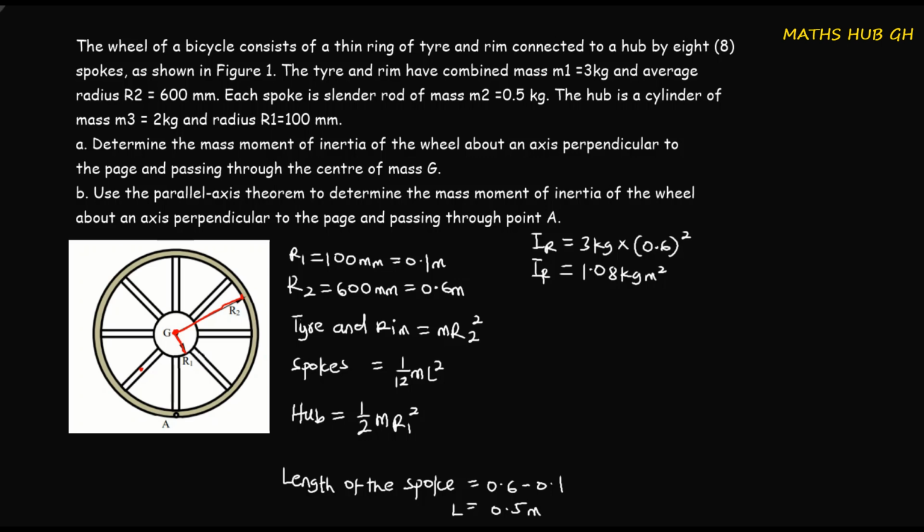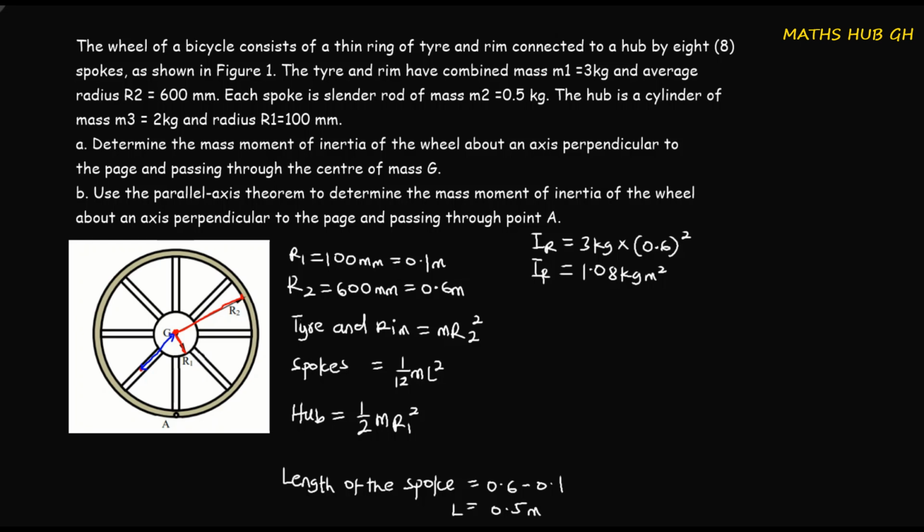So since we are applying the parallel axis theorem, we must know the distance from the axis of rotation to the center of mass of the spokes, which will be this distance here. So you must know that distance. When we know that distance, we can use the parallel axis theorem.